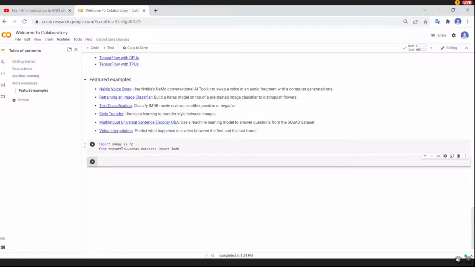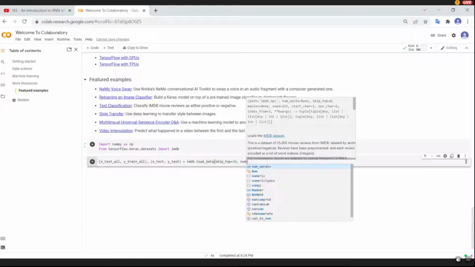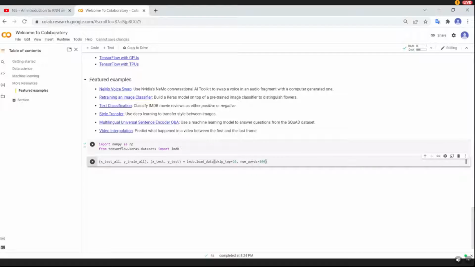And then now we're going to split into a training dataset and a testing dataset: x_train_all, y_train_all, x_test, y_test equals imdb.load_data, with skip_top and num_words. What this means is we're going to skip the top 20 words that are frequently used, like the, or a, prepositions, or top words that are not very important.